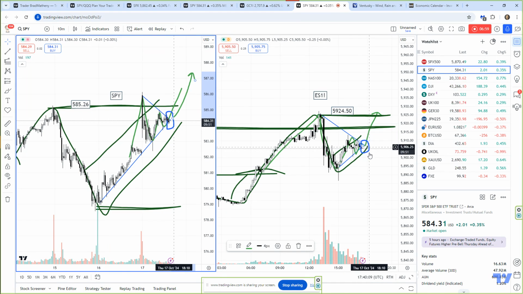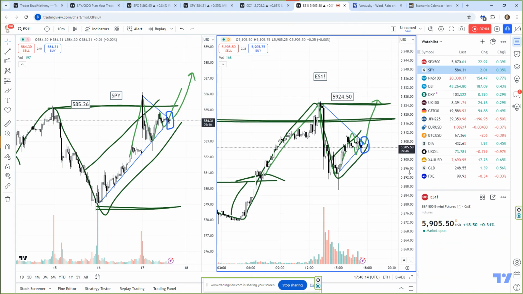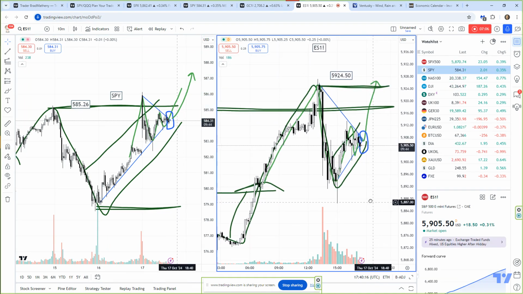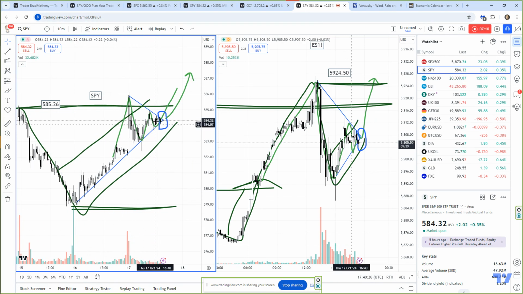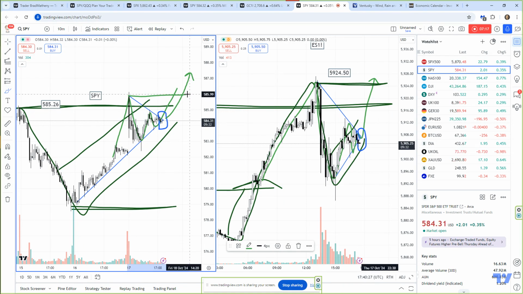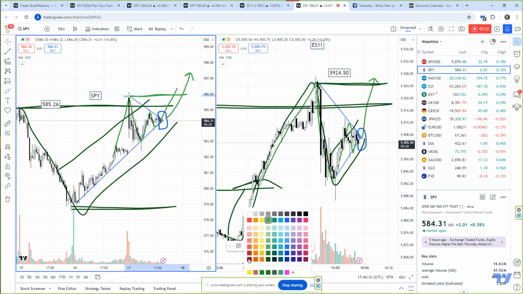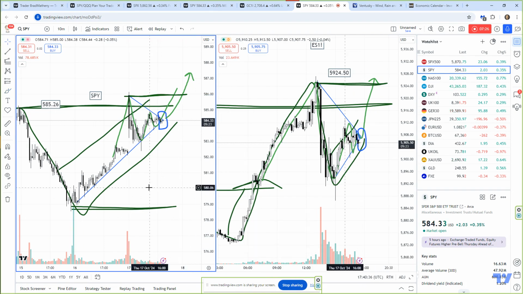Over here on the ES, we're just getting a bit of a shakeout move. So be aware. It looks to me like we're going to have a pretty solid rally up to this high. And again, we can kind of watch this area as well. You see how all of these patterns play out into kind of a coalescing structure in price. We have the same high here as we have back here.